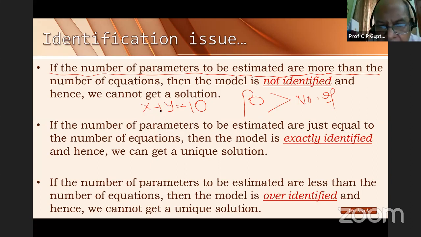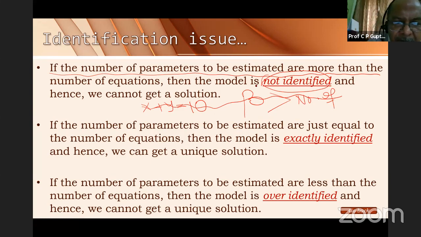One equation but two unknowns. Then you may not be able to get a solution for it. In that case we say the problem is not identified, because the parameters to be estimated are more than the number of equations you have. The problem is not identified, or you can call it under identified.